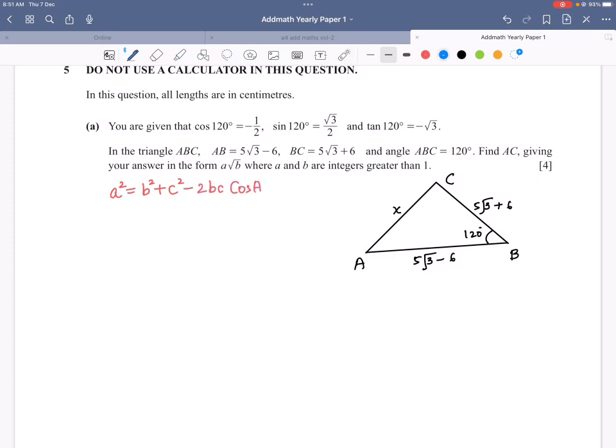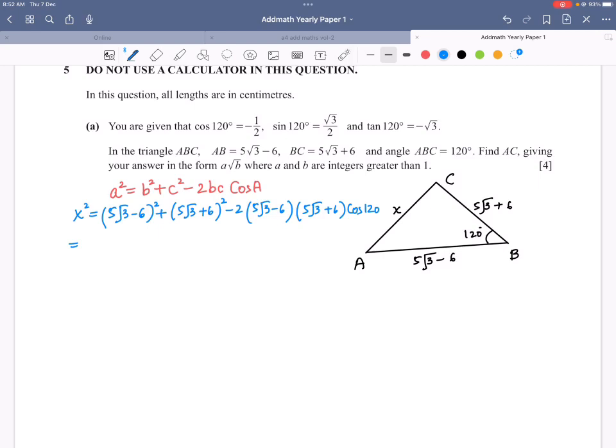We need to assign the values here. So x square equals, B is 5 root 3 minus 6, squared, plus C is 5 root 3 plus 6, squared, minus 2 times B, 5 root 3 minus 6, times 5 root 3 plus 6, and cos 120. Now we need to simplify here.